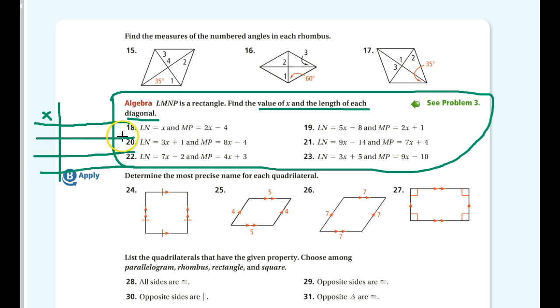For number 18, x is equal to 4, and each diagonal is equal to 4. You can check that by plugging x back into these expressions to make sure they are equal to each other, because the diagonals of a rectangle are congruent. Number 20, we have x equal to 1, and the length of the diagonals is 4. For number 22, x is equal to 5 over 3, and the length of the diagonals is 29 over 3.